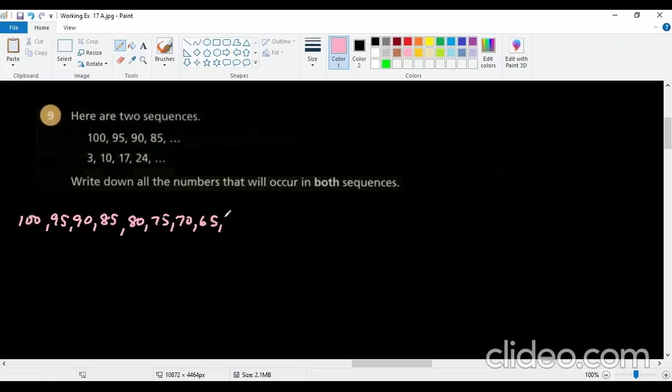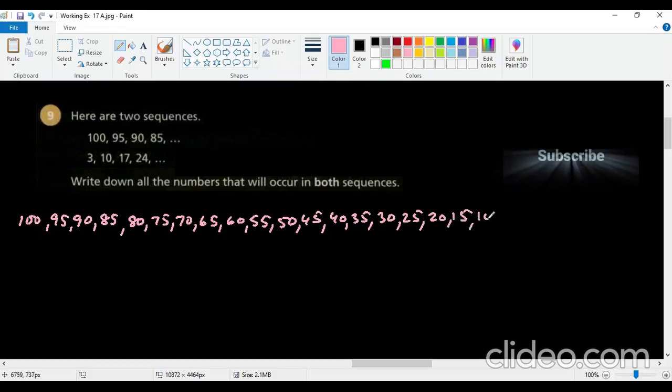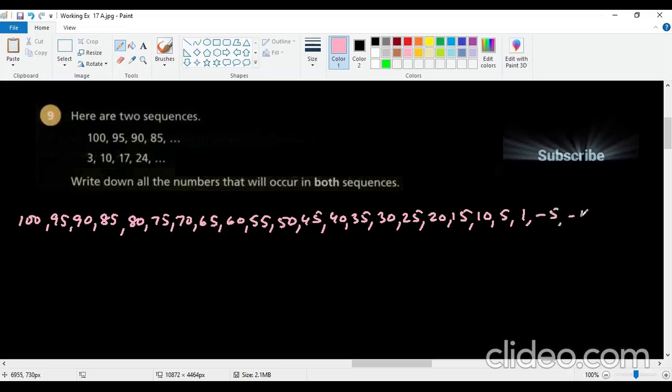So this keeps on going down, and we'll have 60, 55, 50, 45, and then 40, 35, 30, 25, 20, 15, and then comes 10, and then 5, then 0, and then -5, and -10, and -15, and so on.